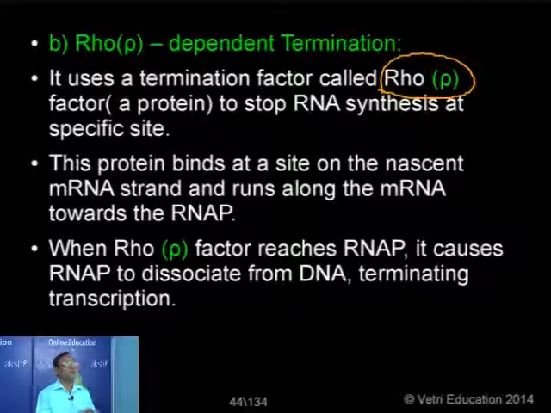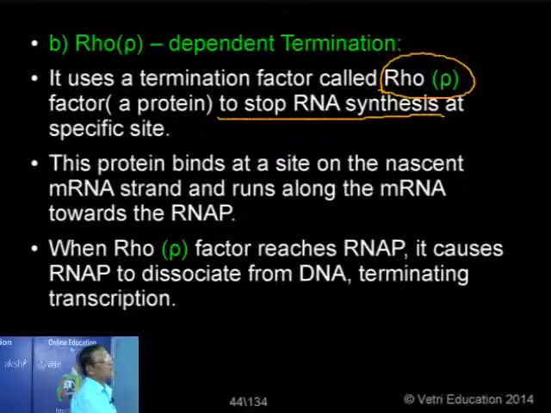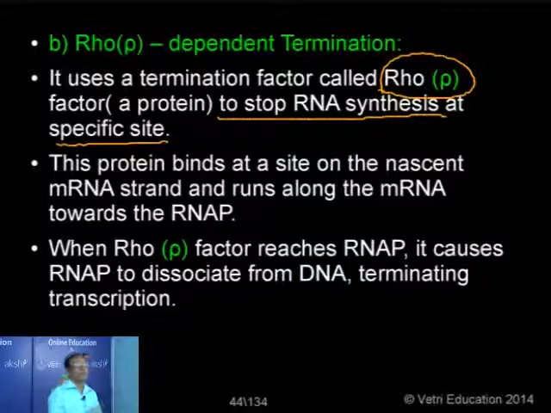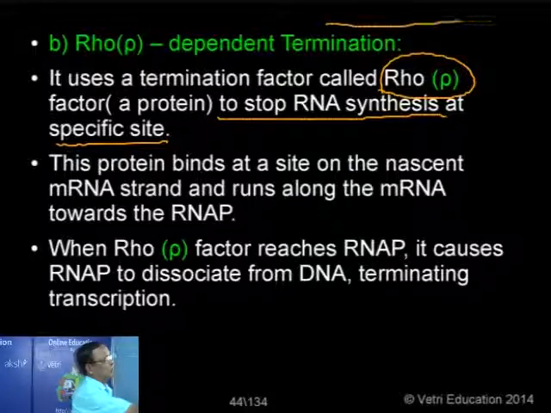And that is the one utilized by the process to stop RNA synthesis at a specific site, a site where we don't want further process. Now, what will happen? This protein normally binds at a site on the nascent RNA. Suppose this is a nascent RNA. This is binding here, not at the place where the cleaving occurs.